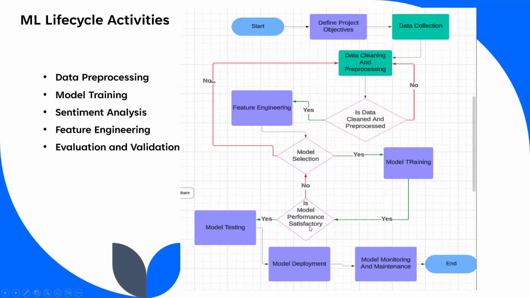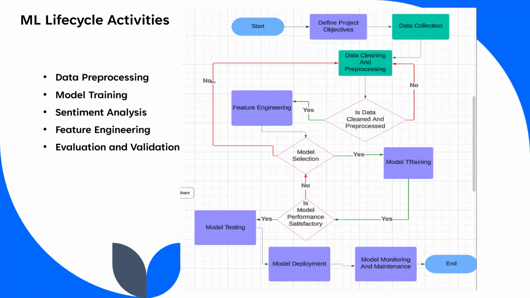Now, while measuring the performance of a model, sentiment analysis is one of the activities involved in gauging the model performance. We have to make sure the sentiments are rightly converted when we are translating.